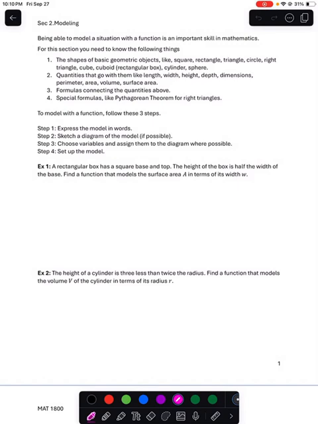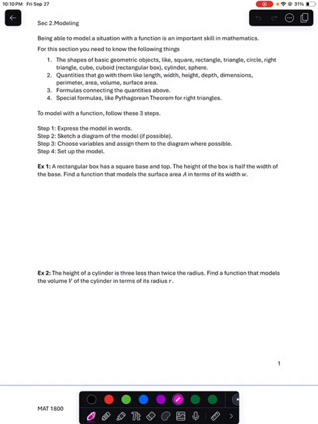Also, you should understand the quantities which go with these objects, like length, width, depth, height, area, volume, surface area, and also formulas which connect these quantities. And also special formulas like the Pythagorean theorem, which is used when we have a right triangle.